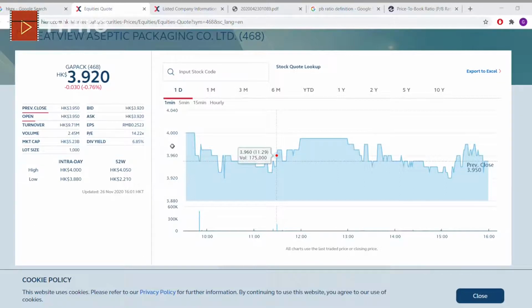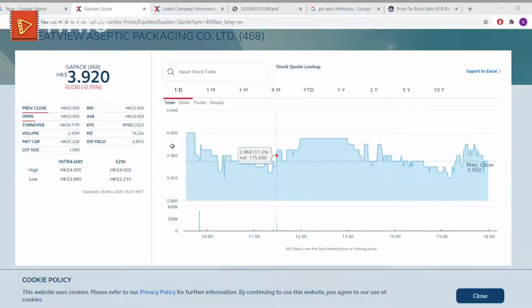For an asset play, the PB ratio is particularly important, because the sole reason you are investing in this company is that it has very valuable assets on its balance sheet, and you are more interested in its assets. Hence, in those scenarios, we focus more on the PB ratio.